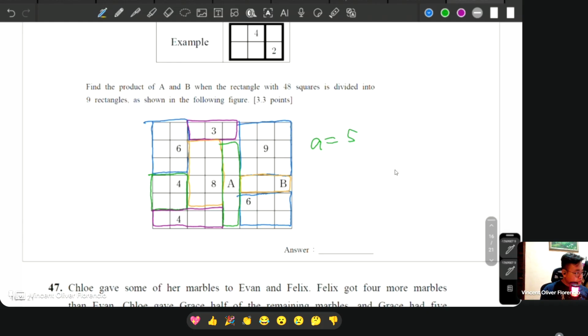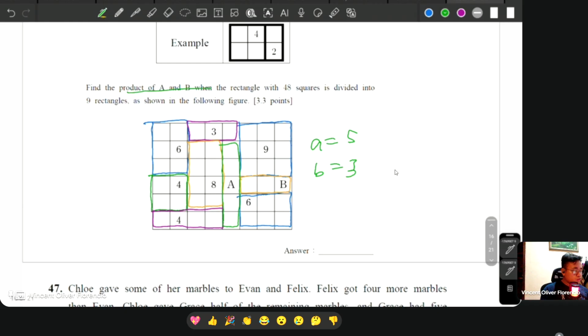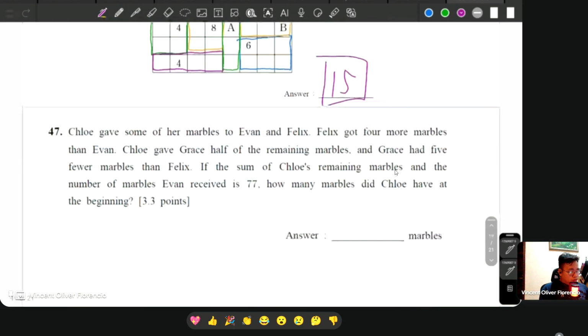For our B, there are 3. The question is what? Product of A and B. So 5 times 3, that is 15.